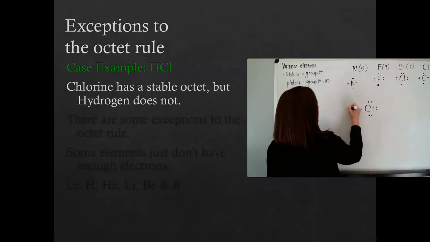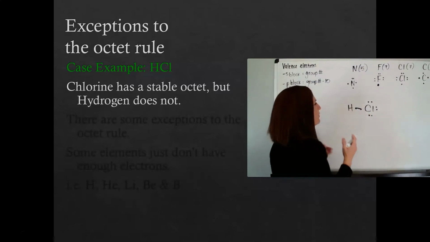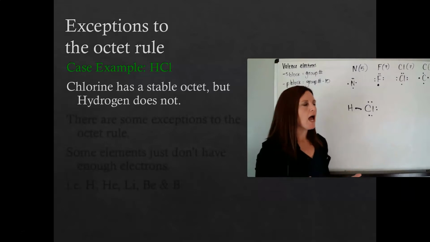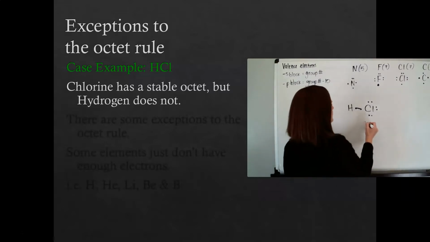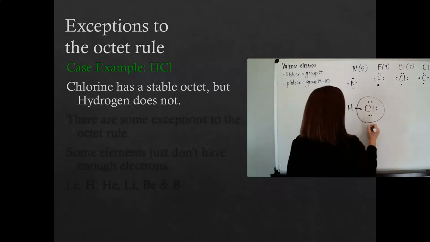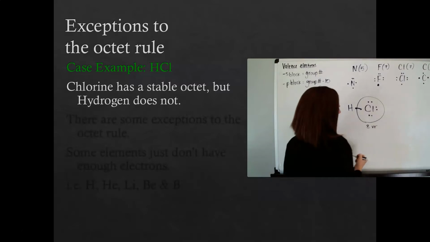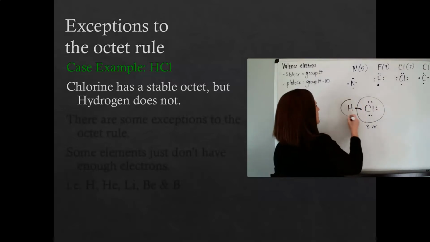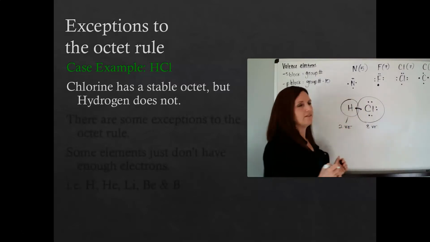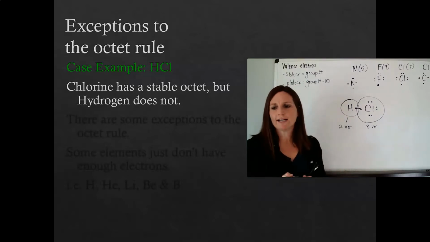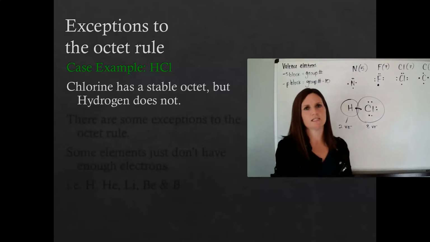And when we plug in hydrogen into a bond with chlorine, we get this bond here with them. And what we see is that once again, chlorine has 8 valence electrons, but hydrogen only has 2 valence electrons. So hydrogen has not achieved a stable octet.